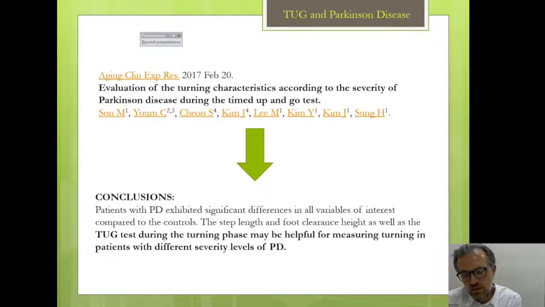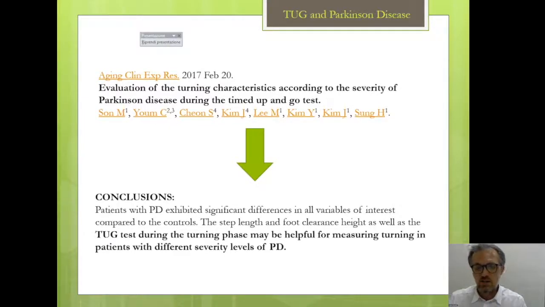Another interesting consideration comes from the literature in Aging Clinical and Experimental Research just this year. These colleagues provided an evaluation of turning characteristics stratified according to the severity of Parkinson's disease in the gait lab during the timed up and go test.